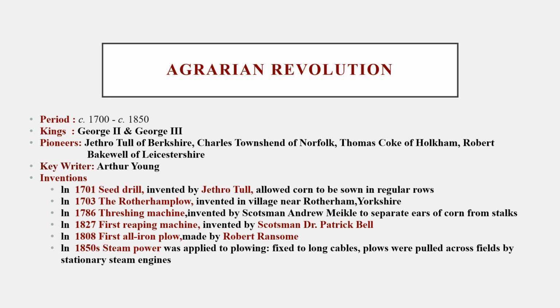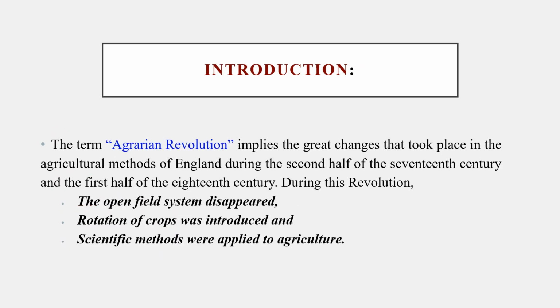There are many notable inventions during this period. They are the seed drill, the Rotherham plow, threshing machine, reaping machine, all iron plow machine and steam power. Let's see one by one.